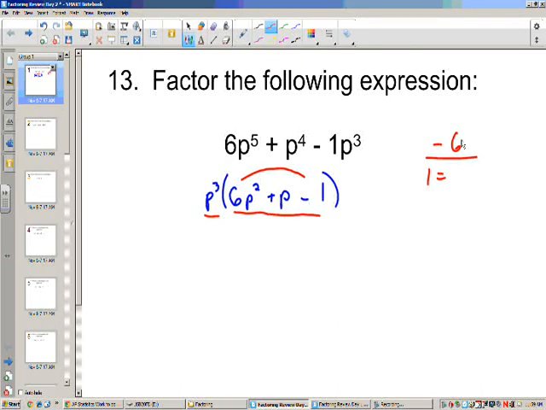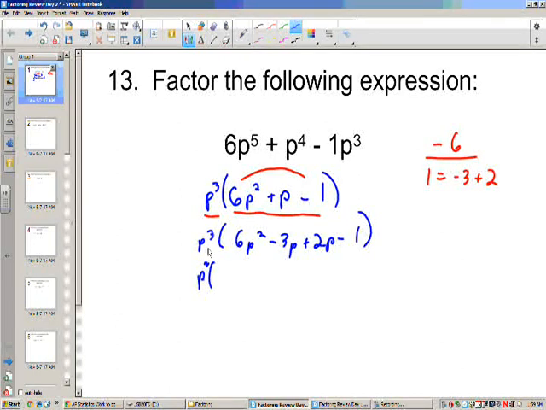Alright, so if we look at this, what two numbers multiply to -6 and add up to 1? Hopefully you think of -3 and 2. So we can split that middle term into minus 3p plus 2p minus 1. Now, this gets a little weird with this p to the third on the outside, but it'll still work out.